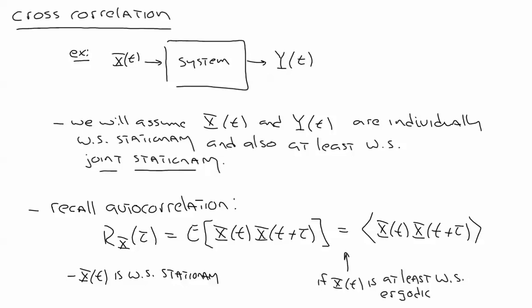So what does cross-correlation look like? For jointly stationary processes X and Y, cross-correlation looks like this. We subscript it with both x and y. It's a function of an absolute shift parameter tau, and it's going to be the expectation of x of t times y of t plus tau.